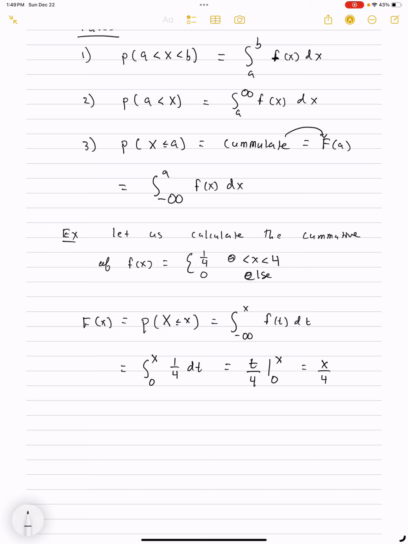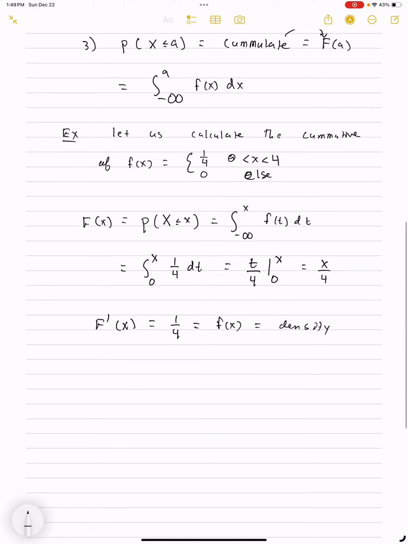Okay, and one important relationship is that if I were to differentiate this, the derivative of the cumulative is 1/4, and that's f of x, the density. So there's a relationship between the cumulative and the density.